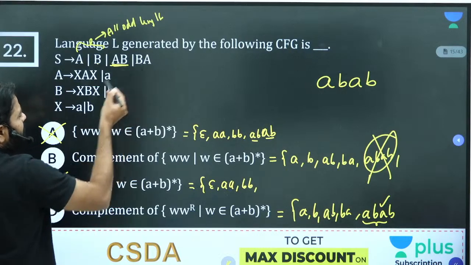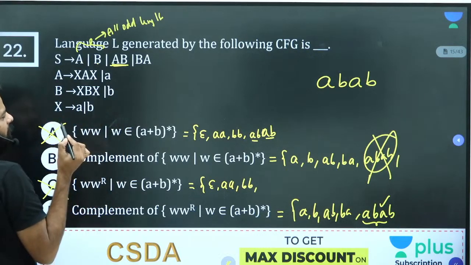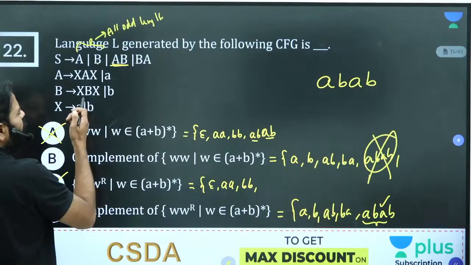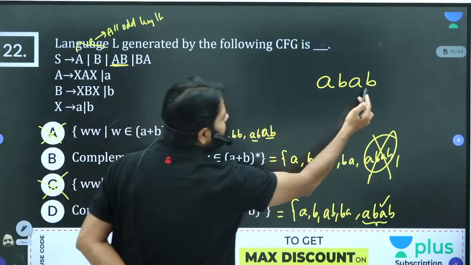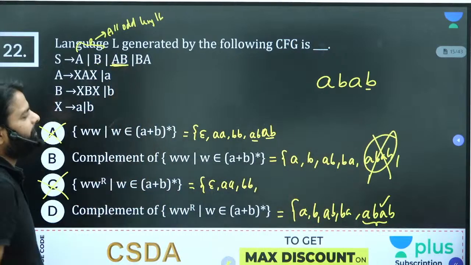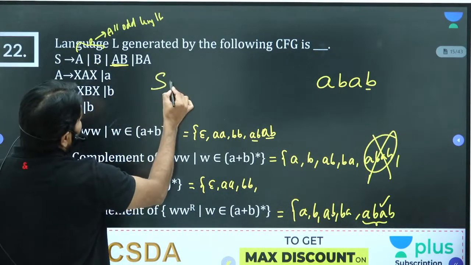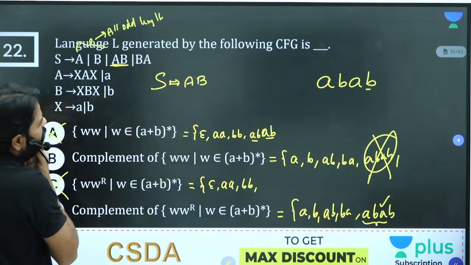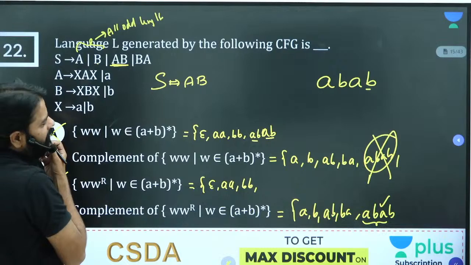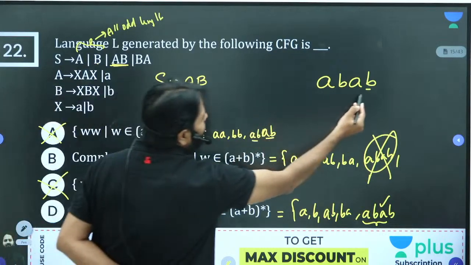If you go to this, capital B will do small b, correct? You can also do XBX, but capital A will do small a. The last symbol is B, so you should go to AB. Now we'll try that. S, now put AB. And what capital A? You have two options, either A or XAX. But what capital B? Capital B I can do small b.